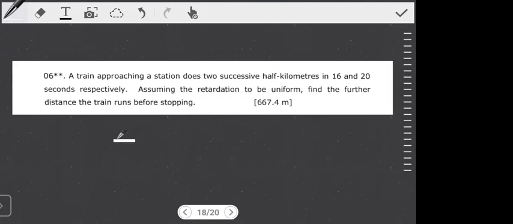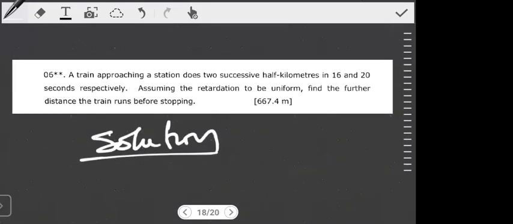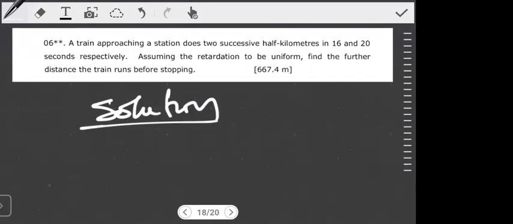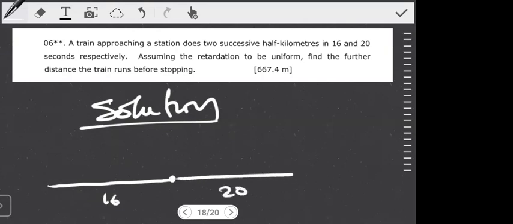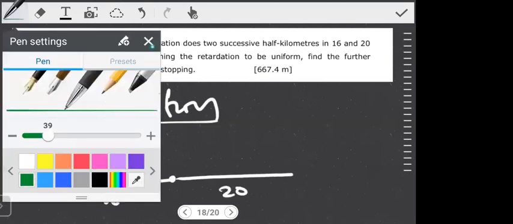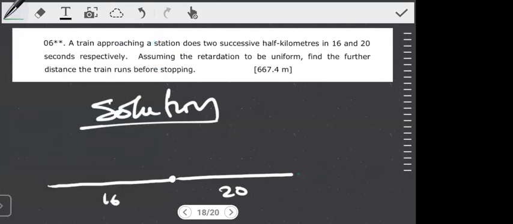So in other words, what we're seeing is that this train does half a kilometer in 16 seconds, and then it does half a kilometer again in 20 seconds this time. This is deceleration, so this train is approaching a train station. But what they want us to find is how far it goes before it finally stops.